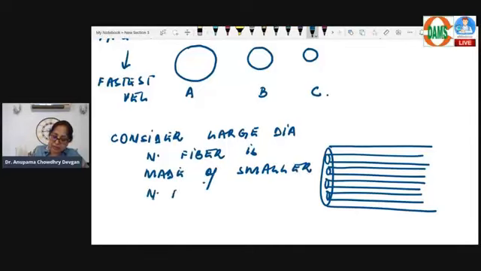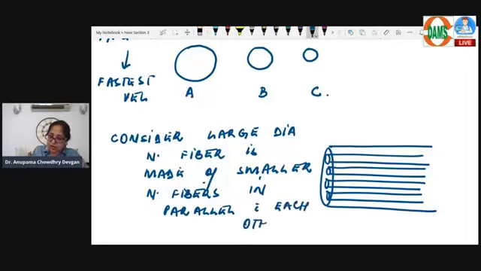Smaller diameter nerve fibers in parallel with each other. Right?